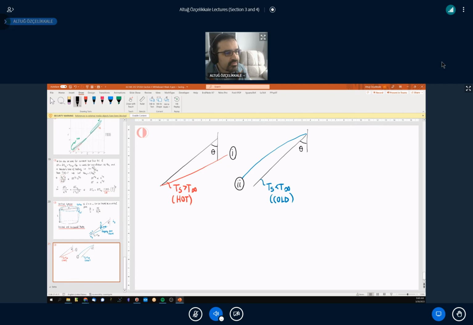We are going to look at the other part now, but let me write this down. If this angle is shallow enough that it is between 0 and 60 degrees, so it is either vertical or 60 degrees from the vertical, somewhere between, and we are talking about cases 1 and 2, we can use the vertical plate correlations.